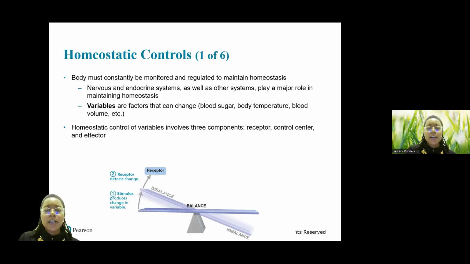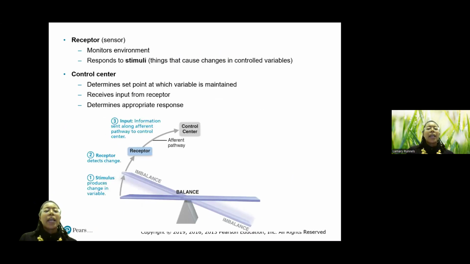That variable could be blood sugar, body temperature, or blood volume. Then you have your receptor that detects that change within your body and monitors it. After it senses a change, it's communicated to the control center, which determines if that change is still within the set point or outside of it.